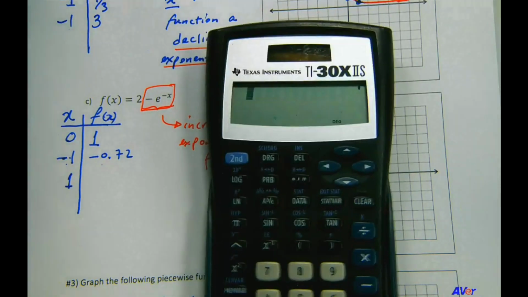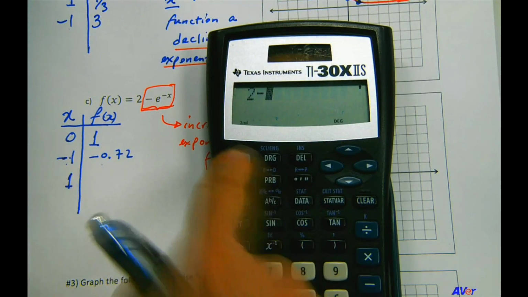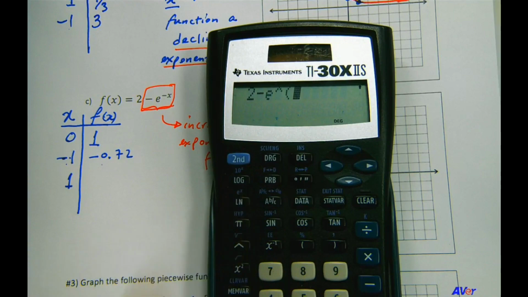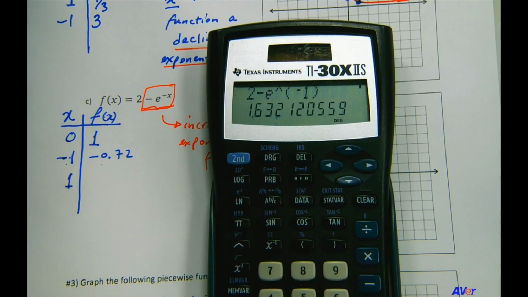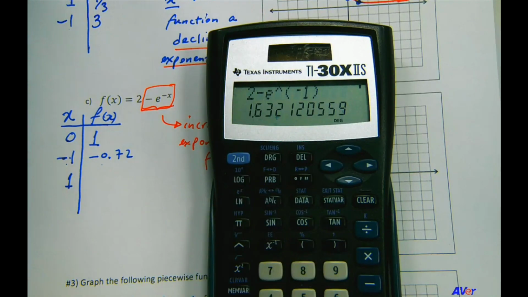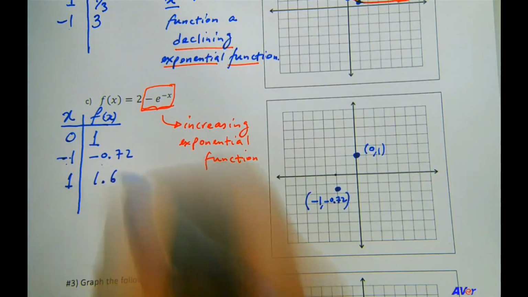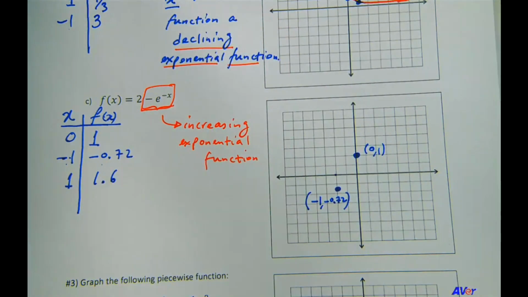So for x, we have 2 minus that, minus, if x is 1, minus x would be minus 1. So it's a positive number. Let's say 1.6. I rounded it to 1 decimal place.